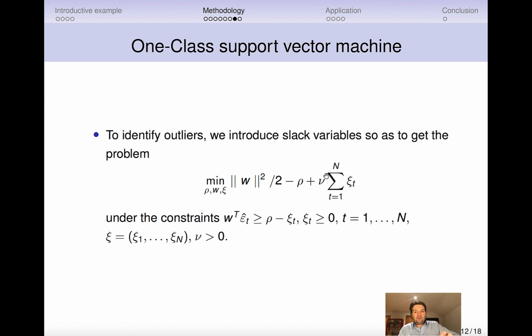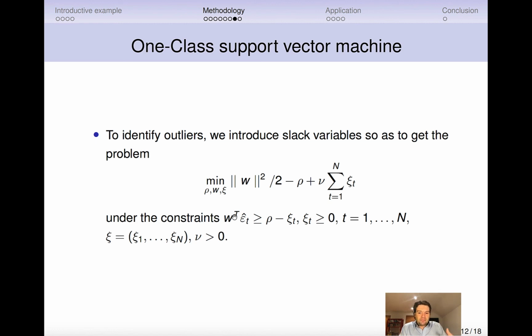This new parameter can be rewritten as 1 over n times q. And it's possible to see that q in this case is a lower bound on the fraction of support vectors. Support vectors are defined as the points for which you have a Lagrange multiplier which is not 0.